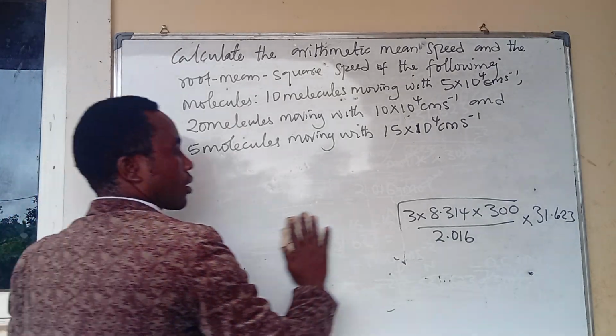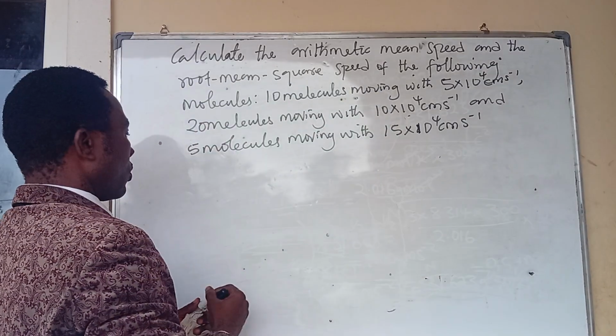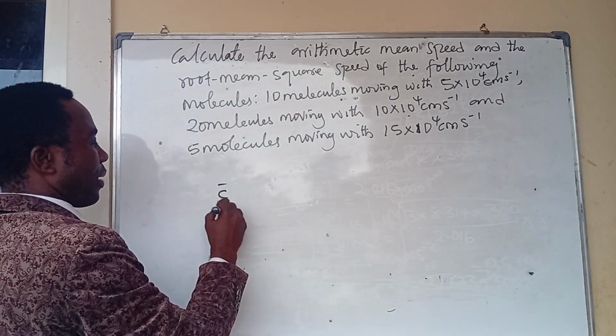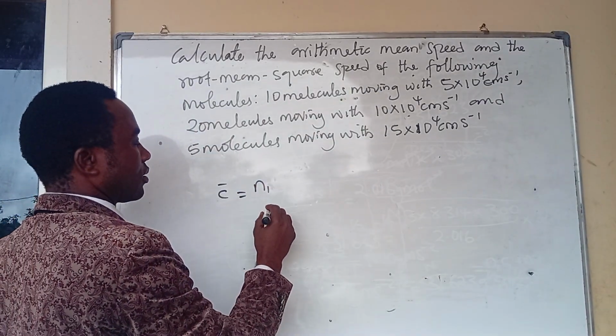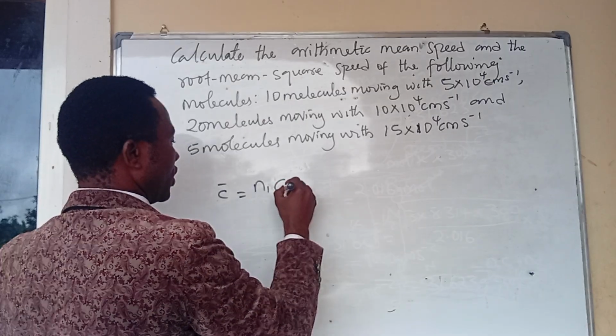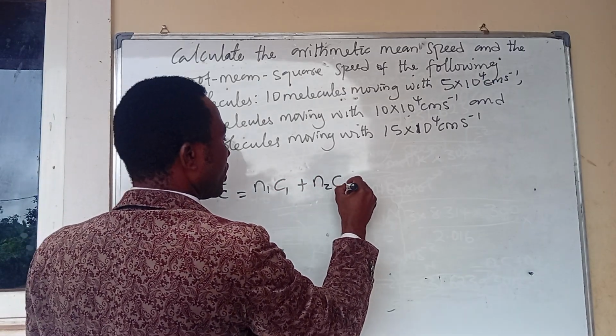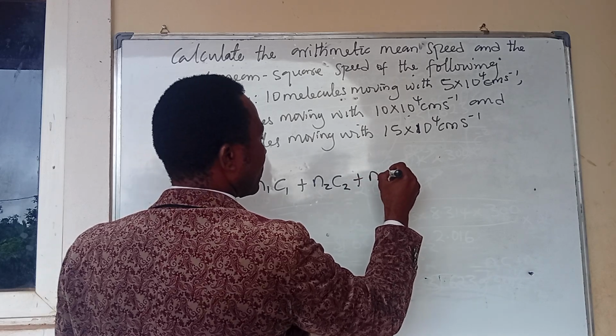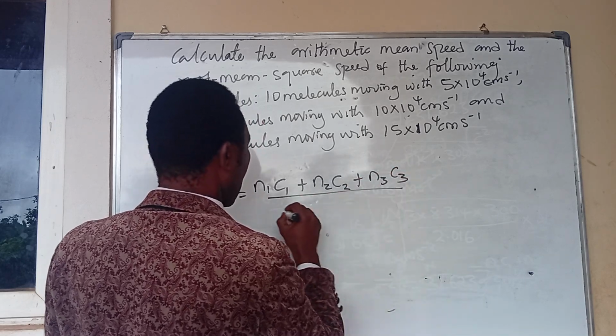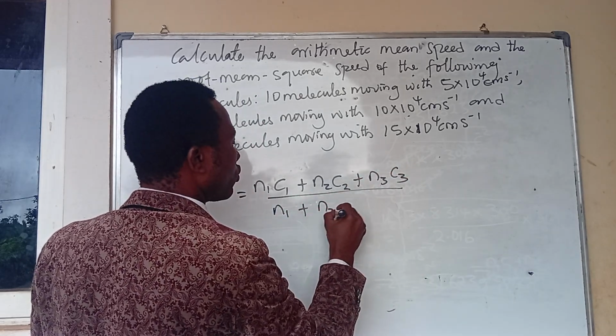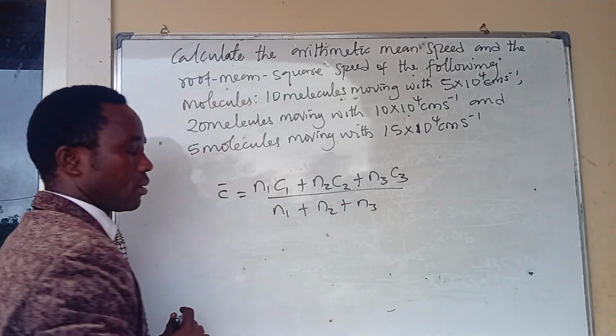Now, to apply this, we know that our C bar is equal to N1 C1 plus N2 C2 plus N3 C3 divided by N1 plus N2 plus N3.